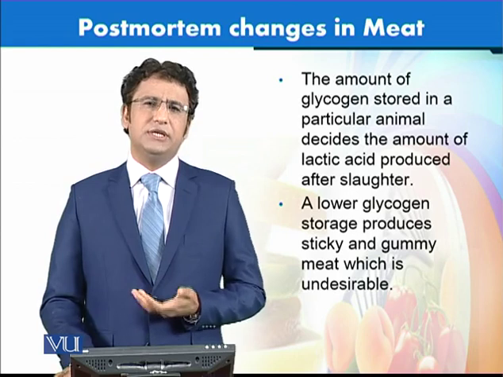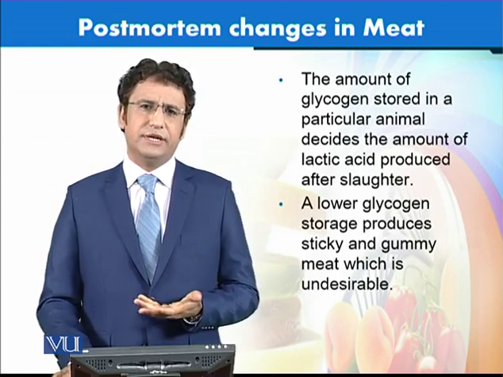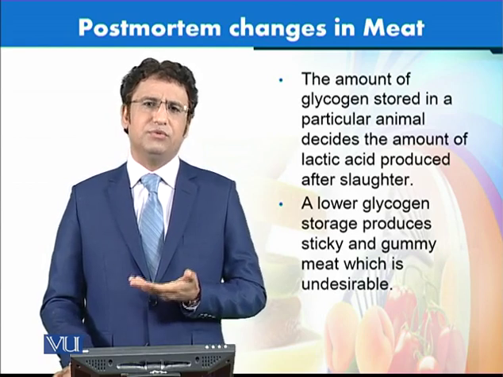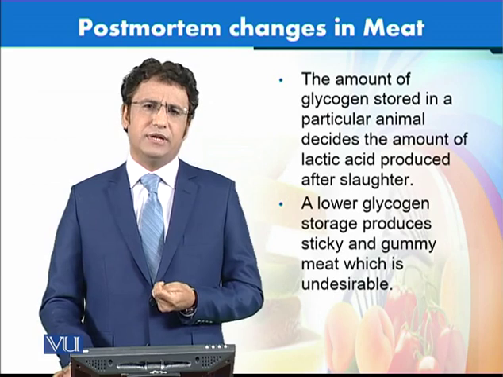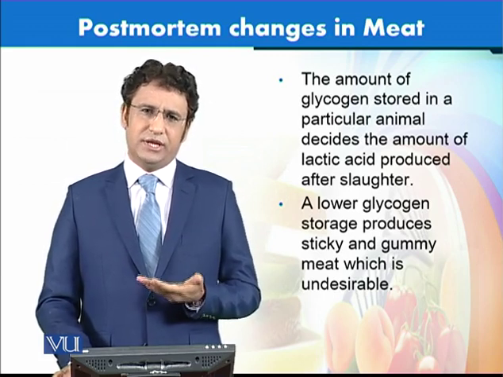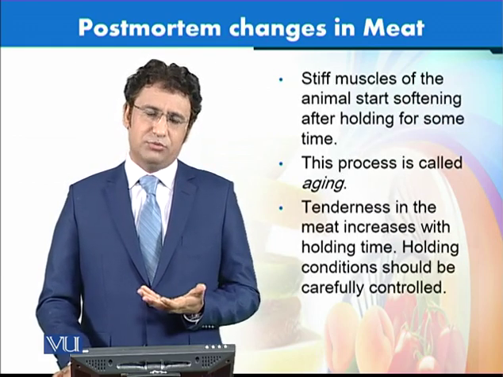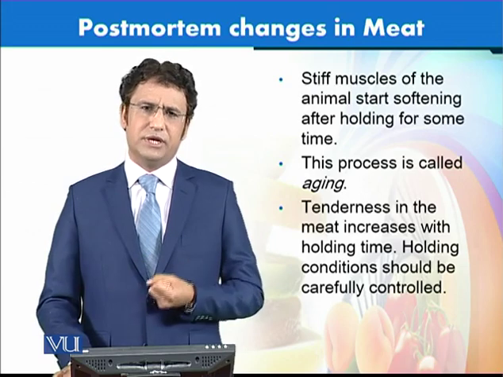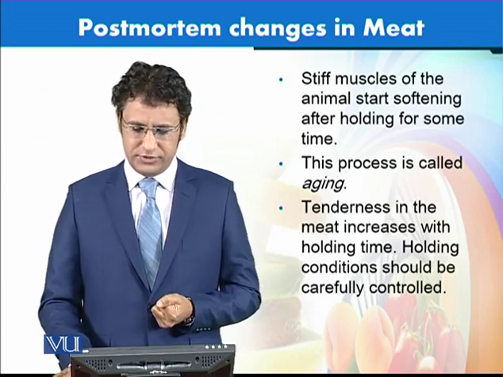So it is normally advised that we should feed the animal very well, and give water and feed before slaughtering so that their glycogen reserves are not exhausted. That would increase the quality of meat, because with more glycogen reserve, it would be converted into lactic acid, and that would bring in the desirable changes as well.